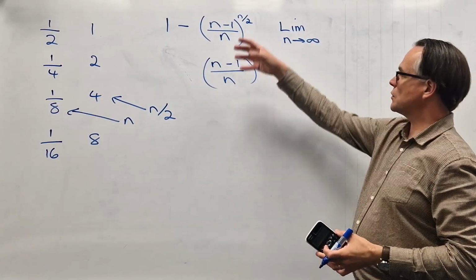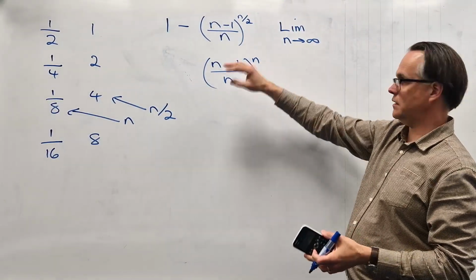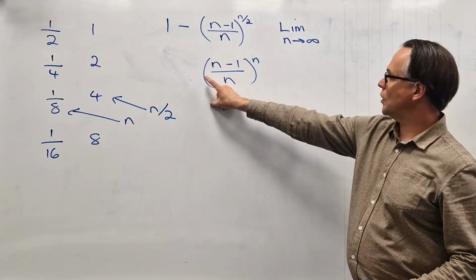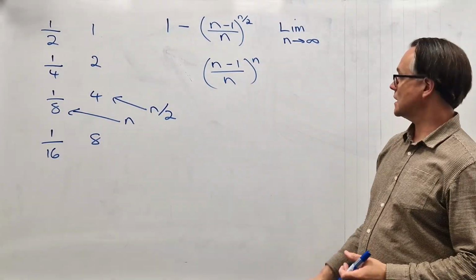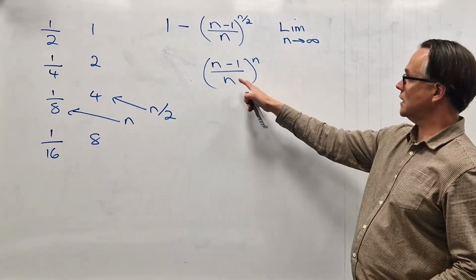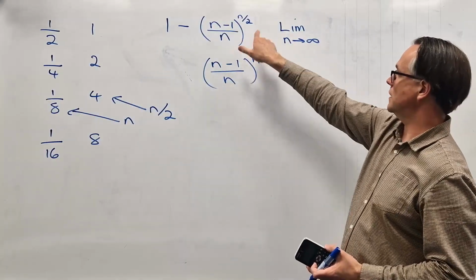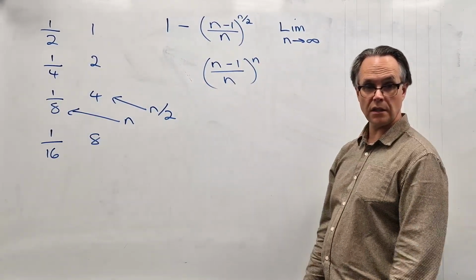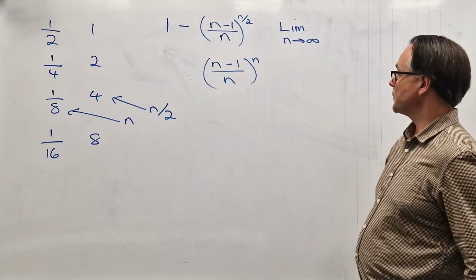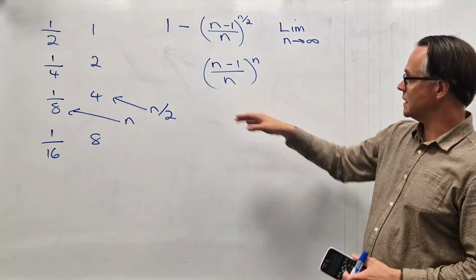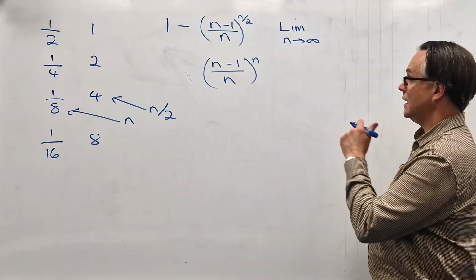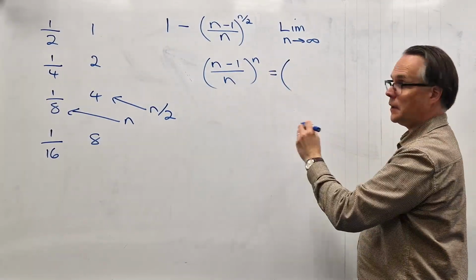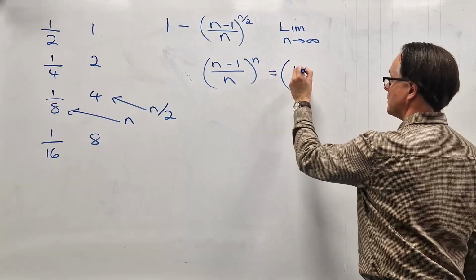So if the square root of something is heading towards a value, then so should its square be. So if we can find out what the limit of this is as n goes to infinity, we can just square root it to find out what the limit of this is, and then we can subtract it from 1 to find out what our probability is going towards. That's the plan. So the thing about this now is to spot that it can be written in a slightly different way, like this.